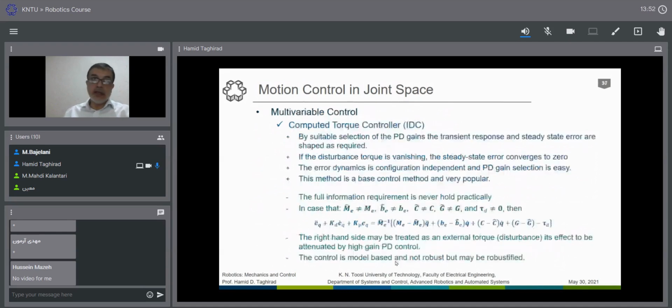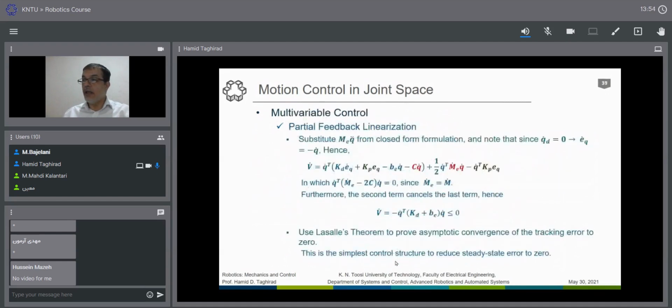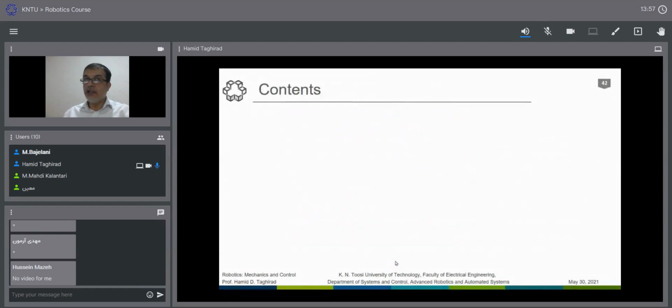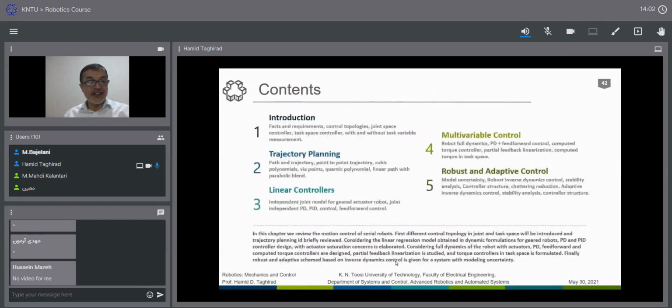What we can consider here now is that the problem of the IDC controller is usually its model-based structure. And since the model of the system is not quite accurately known, we shall go to some sort of strengthening of the robustness of the controller, and we can come to the final picture of our session, which includes the robust and adaptive controller.